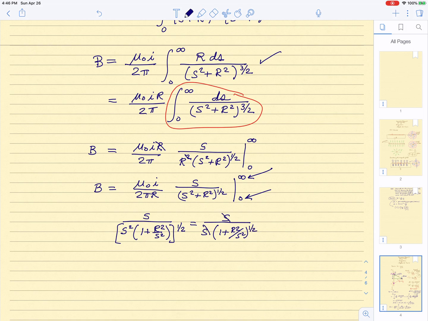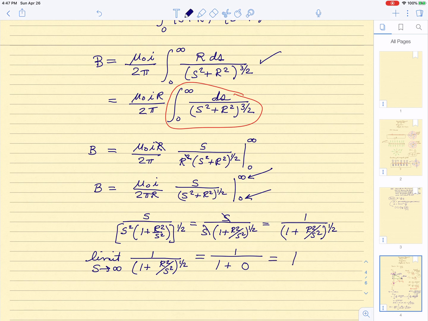These cancel, and so then this is going to give you 1 over 1 plus r squared over s squared to the 1/2 power. And so in the limit as s approaches infinity, that is going to be equal to 1 over 1 plus 0, which is equal to 1.